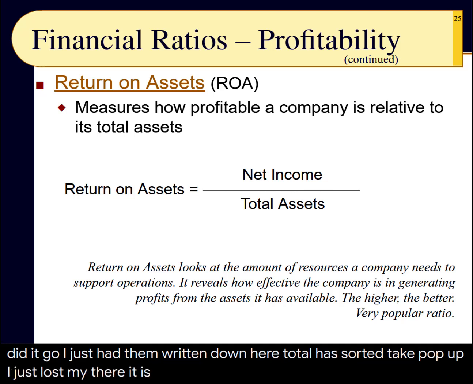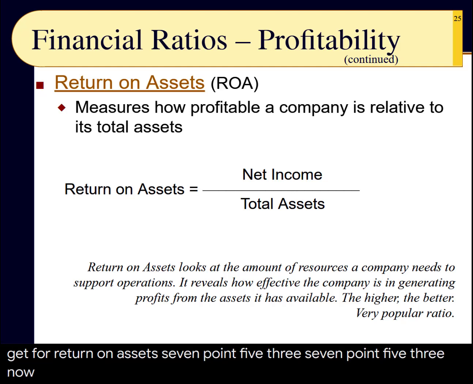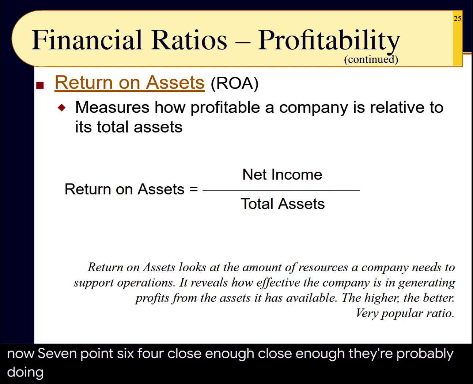Oh, there it is. 3,466,000. Okay, and what did I get for return on assets? 7.53. Now, if I went to Yahoo, they had 7.64. Close enough. They're probably doing a slightly different calculation, but the same idea. The numbers are very close.